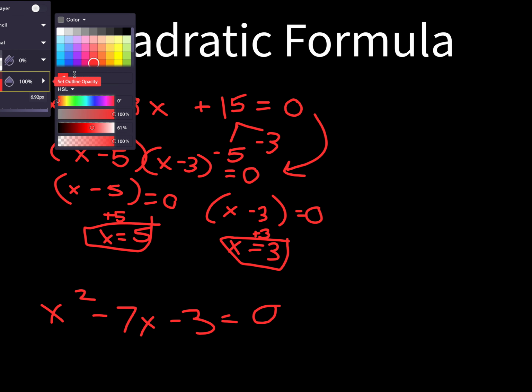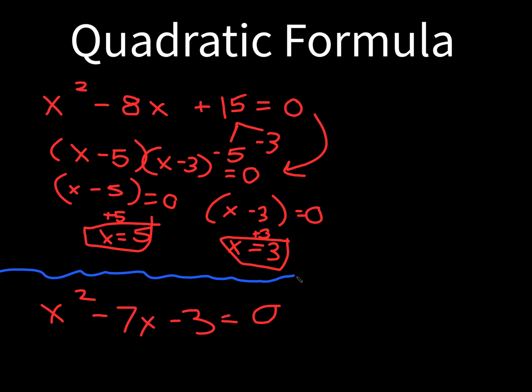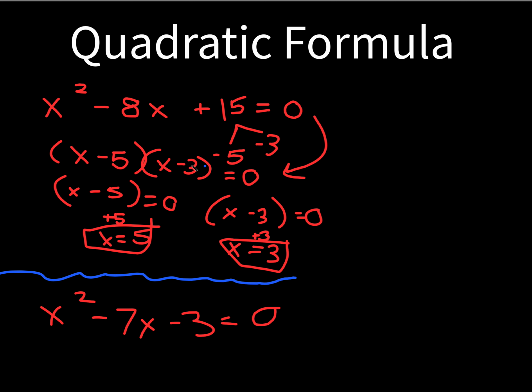Now I've already set it equal to 0, so you don't have to worry about messing with this very last term on the end here, the negative 3. And I want us together to take a moment and try to factor it in the same way that we did up here.